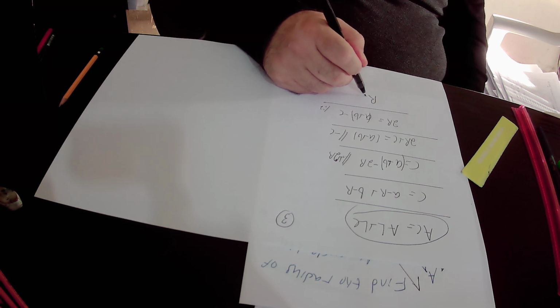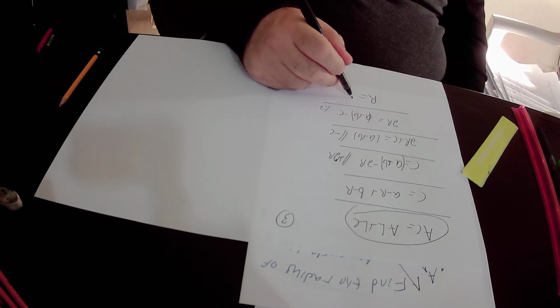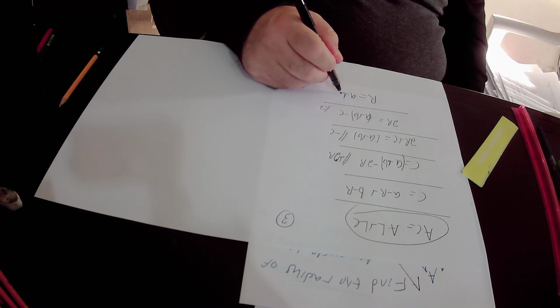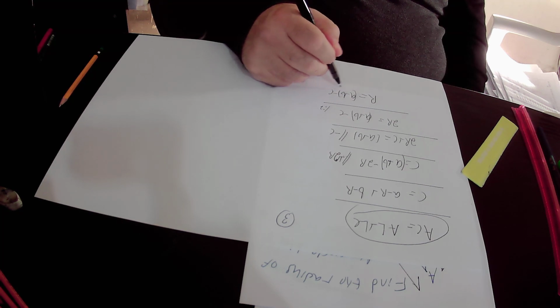R, the radius of the circle that is described by the right triangle ABC, that could be any right triangle, is equal to A plus B minus C over 2.